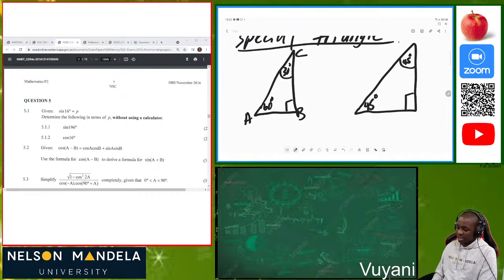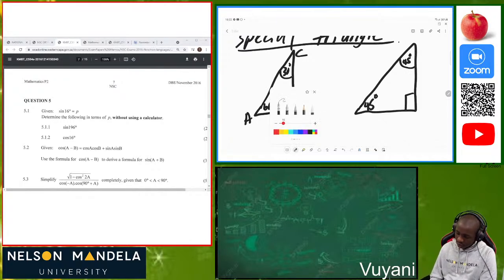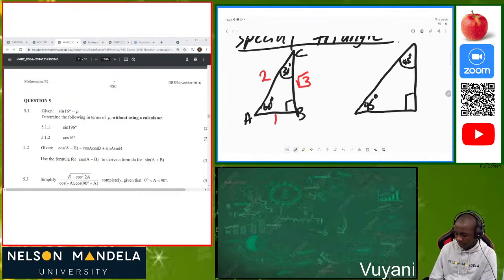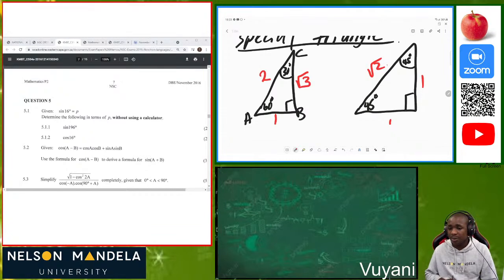So these are our special triangles. So now on the special triangles, this is your 2, this is your 1, and this is your √3. On this one, it's 1, 1, and square root of 2. So these are your special triangles.